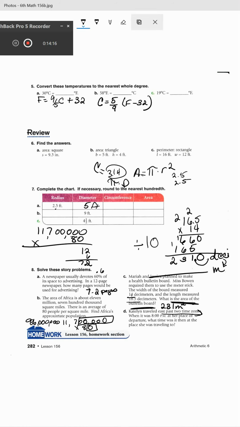Wouldn't it be 2 hours ahead? It would be, and that's all it is. Because if she's east, she's traveling this way. This is west. So she's going this way, so they will be ahead of her. So it'll be 10 p.m. where she ends up. All right, you can do the rest on your own.